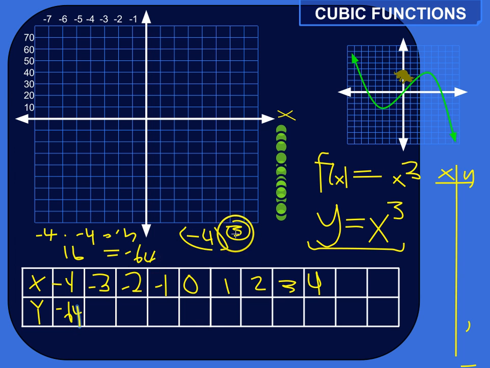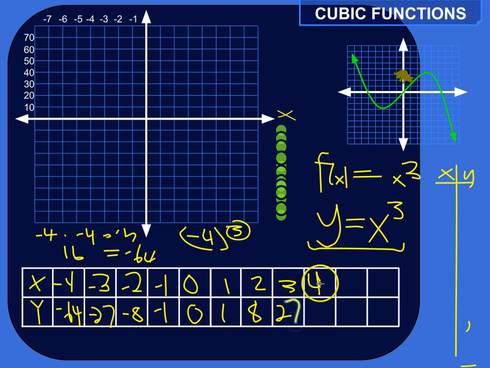So let's plug in -3. This will be -3 cubed. -3 times -3 is 9, times -3 is -27. -2 cubed is -2 times -2 times -2. -2 times -2 is 4, times -2 is -8. -1 cubed is -1. 0 cubed is 0. 1 cubed is 1 times 1 times 1, which is 1. 2 cubed is 2 times 2 is 4, times 2 is 8. 3 cubed is 27.